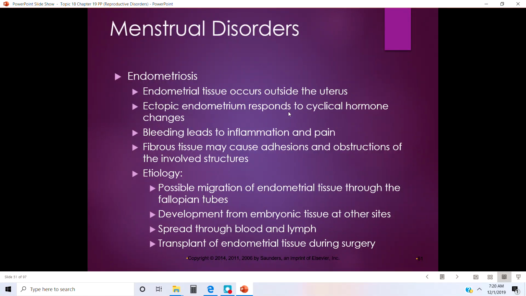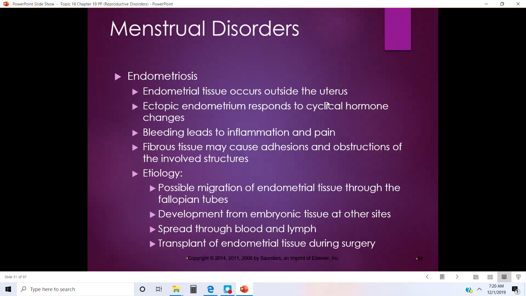One of the problems with this condition is these patches of endometrial tissue that are on the organs and throughout the pelvic cavity, maybe they respond to the normal cyclical hormonal changes. So they respond to FSH and luteinizing hormone and that type of thing, and they'll bleed, and now they're going to bleed into places that we shouldn't have bleeding, right? And that's going to be a definite problem.